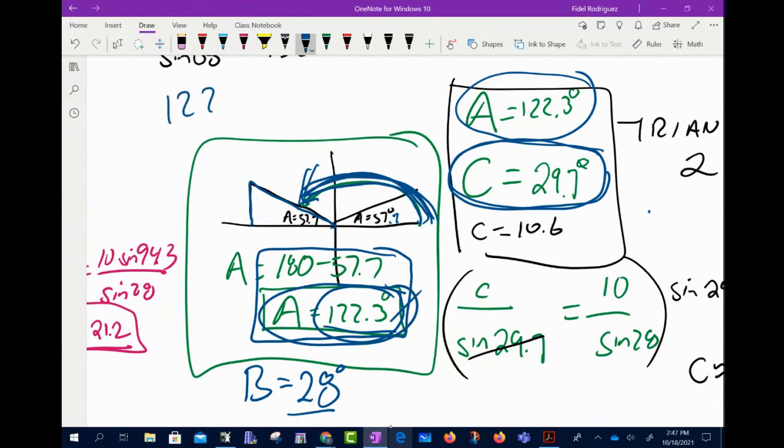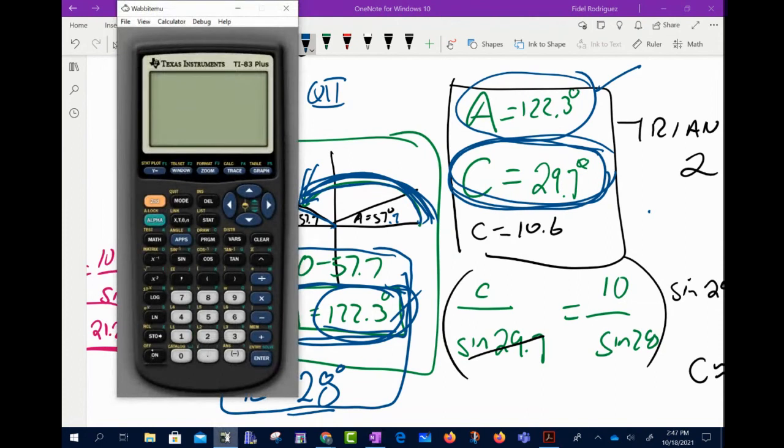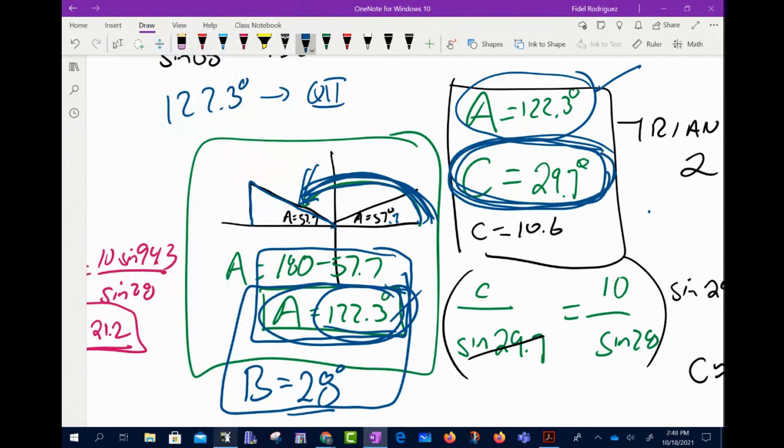Remember, 122.3 degrees, that angle right there, my friends, is in quadrant 2, right? So now that I have that angle right here, notice how I'm going to find angle C. I'm going to say, look, if this is angle A and this is angle B, the way I'm going to find angle C is I'm going to take 180 minus whatever 122.3 plus 28 degrees is, and that's how I'm coming up with my 29.7.